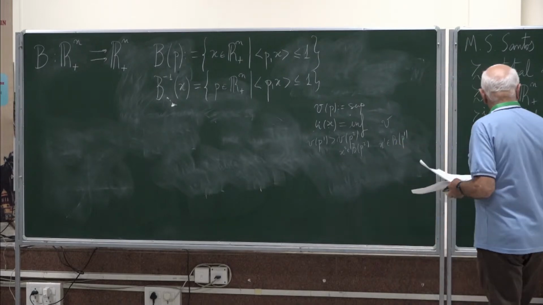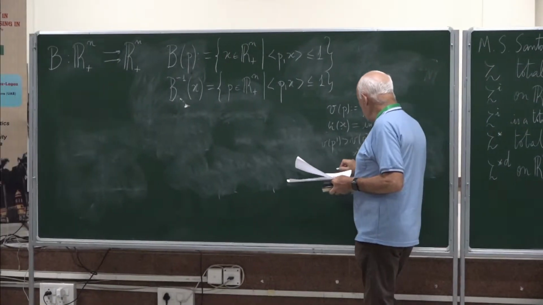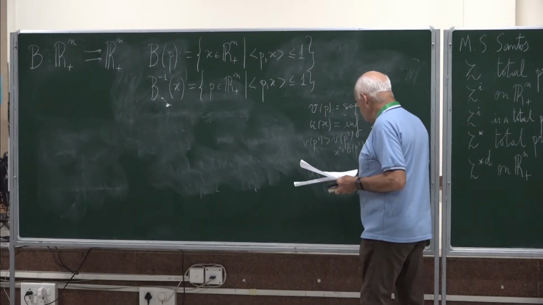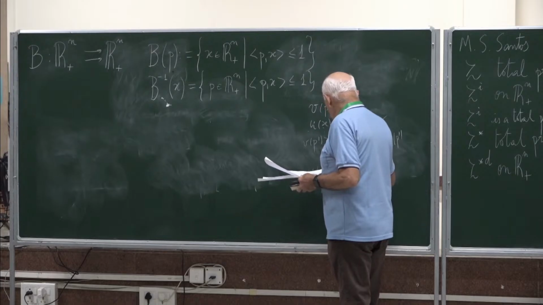Okay, this is what I am writing here. But now what is the meaning that, if I use this formula, u of x1 is greater than u of x2.